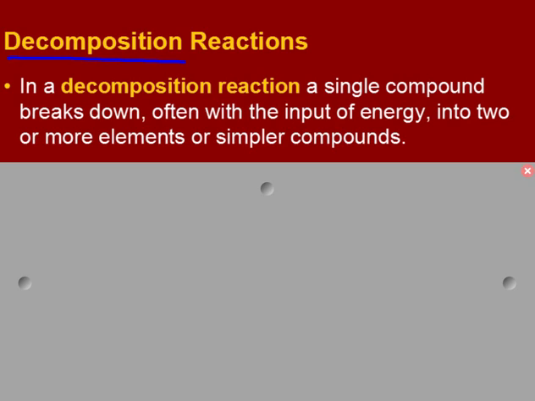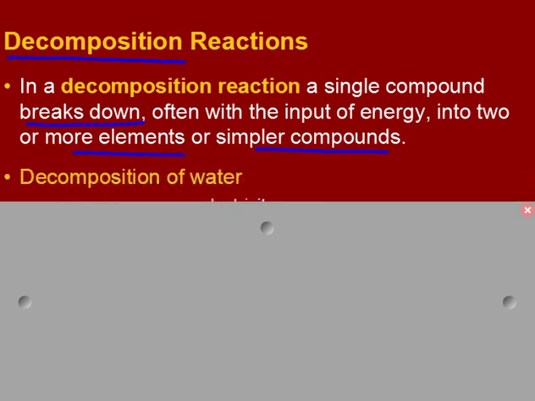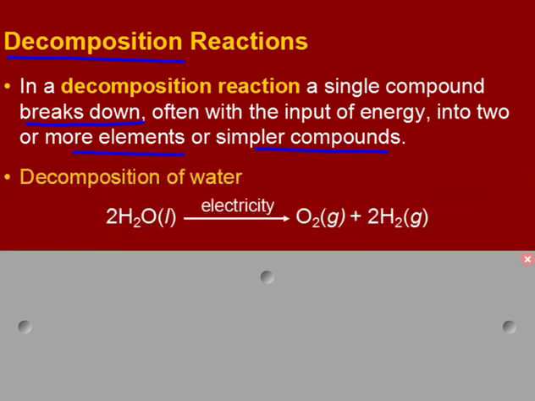And what will happen is that compound will then break down into its base components, into simpler elements, or sometimes simpler compounds. So for instance, we have a reverse reaction of the synthesis that we looked at earlier, in which case we have the compound water, a single compound, single reactant, using electricity passing through it, will break it down into its base elements of oxygen and hydrogen gas.